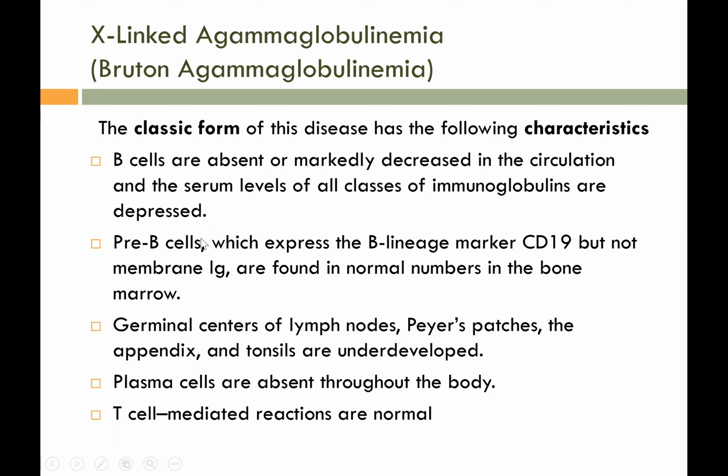You don't have your precursor B cells, so those areas in which you are supposed to appreciate B cells are expected to be underdeveloped. They are also the source of your plasma cells, so they are expected to be absent. Your T cells are normal. That's why I was saying that for B, you should remember Bruton: B cell is the problem.